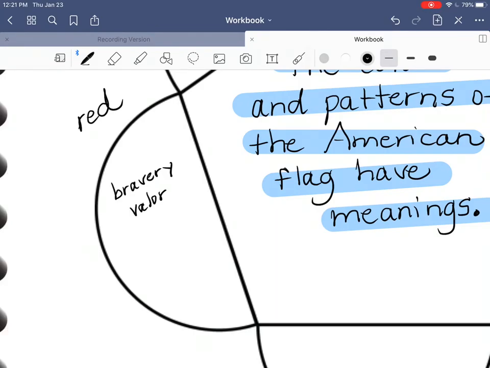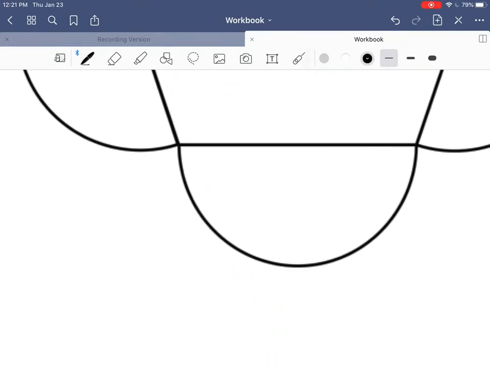Great courage in the face of danger. So that color red is a symbol of bravery and valor. White is a symbol for, do you remember? What do you think of when you think of white? Purity. White as snow. Cleanness. Purity and innocence. That's what our passage tells us.